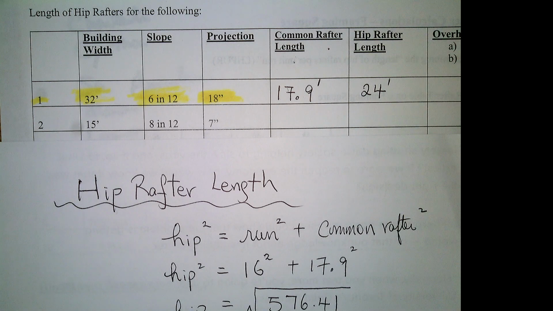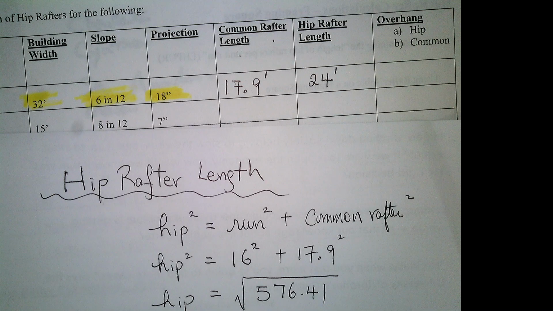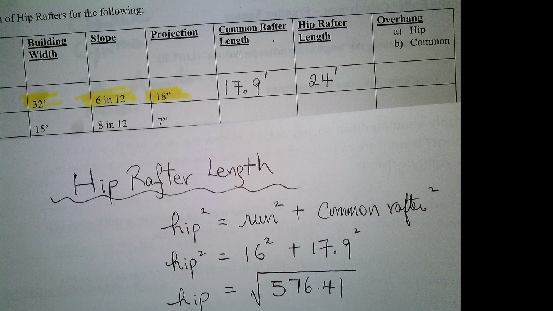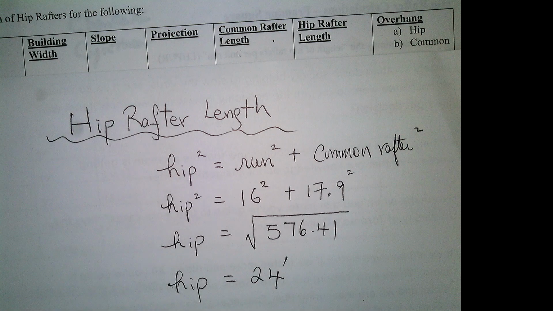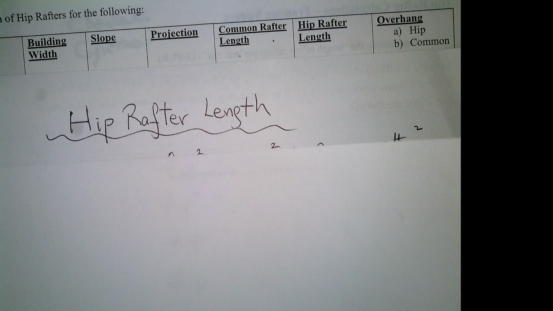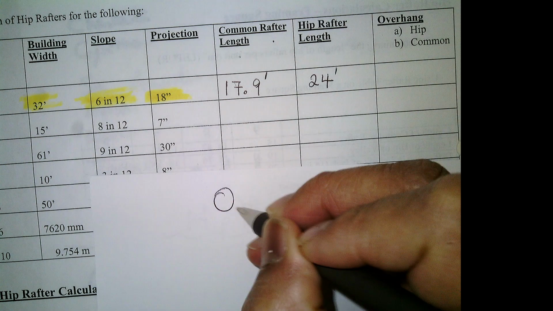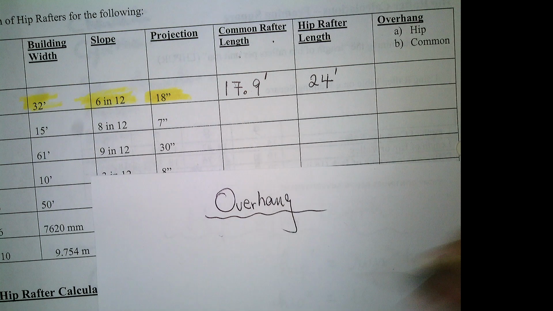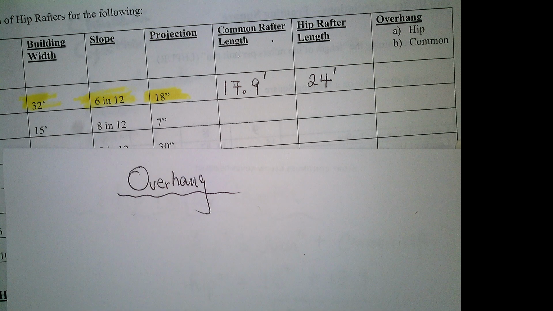Now the overhang. Again, the overhang is asking you to combine the Pythagoras and similar triangle concepts. It's the same idea, the similar triangle.